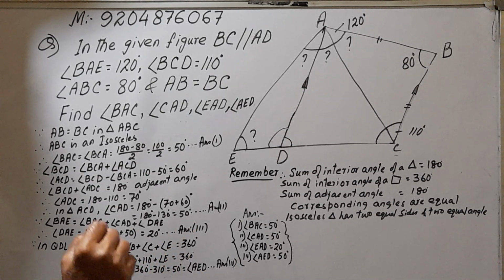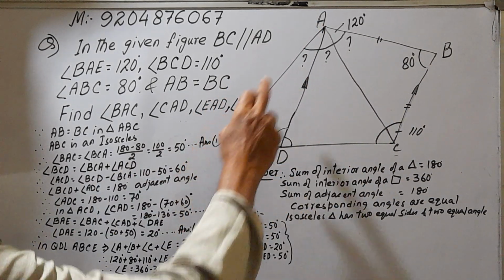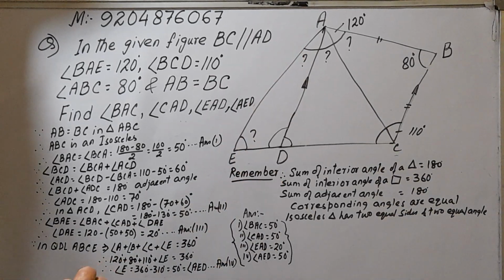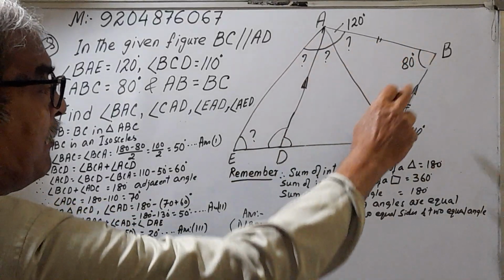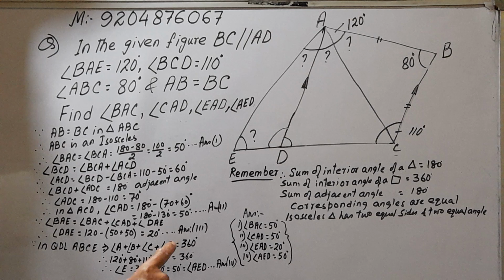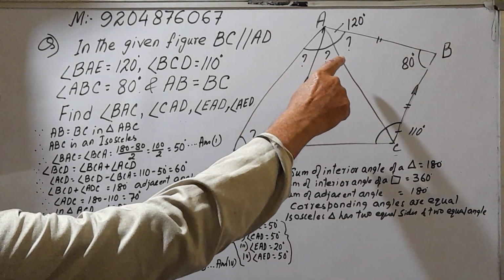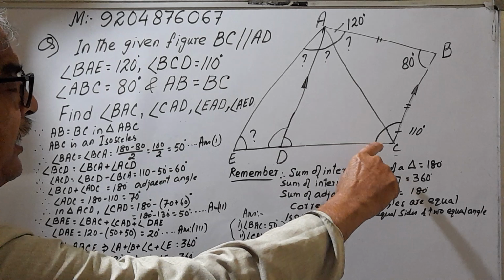Answer 3. And now you see this angle AEC. It is unknown; that is AED, I have written here. In quadrilateral ABCE, angle A plus angle B plus angle C plus angle E equals 360 degrees, which I have written. I know that angle A is 120 degrees, angle B is 80 degrees, angle C is 110 degrees.